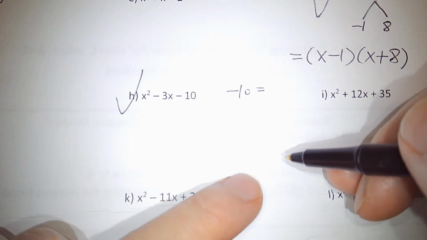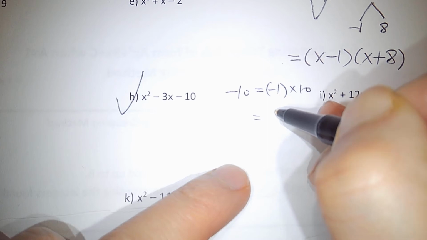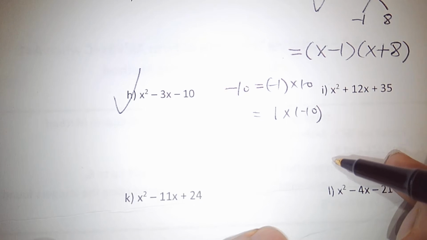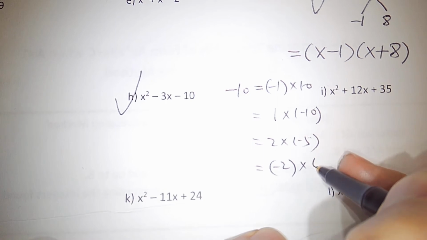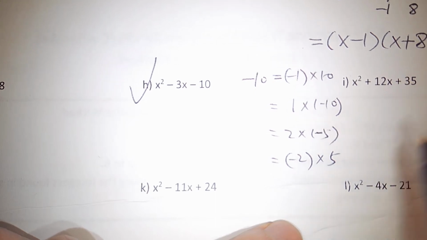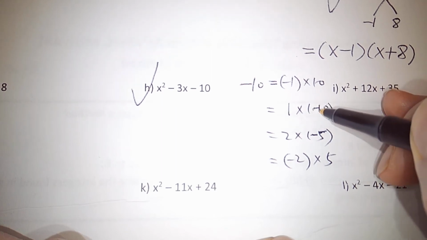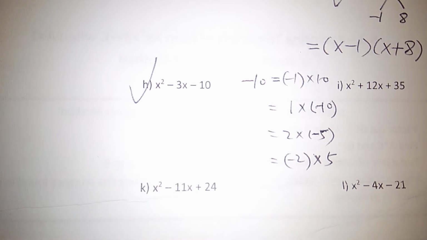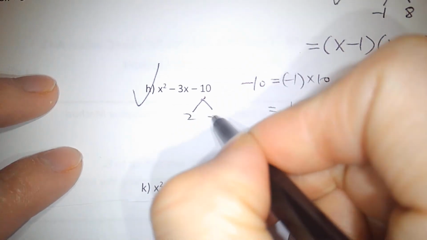Negative 10 can be factored by what? Negative 1 and 10, right? Yes, try. If you don't know, just write everything down. Or 1 times negative 10, right? What else? 2 times negative 5, or negative 2 times positive 5, right? So have you found a pair whose sum equals negative 3? Negative 5 and 2, or 2 and negative 5.